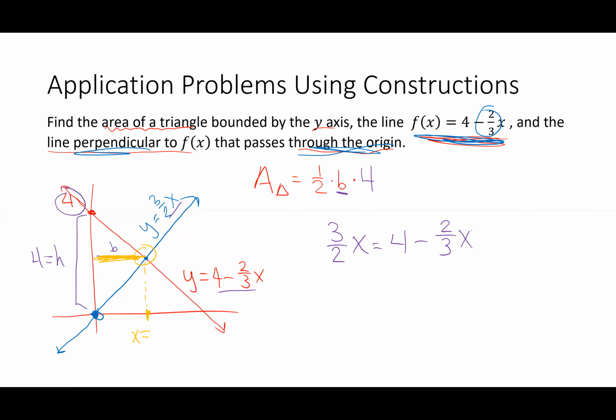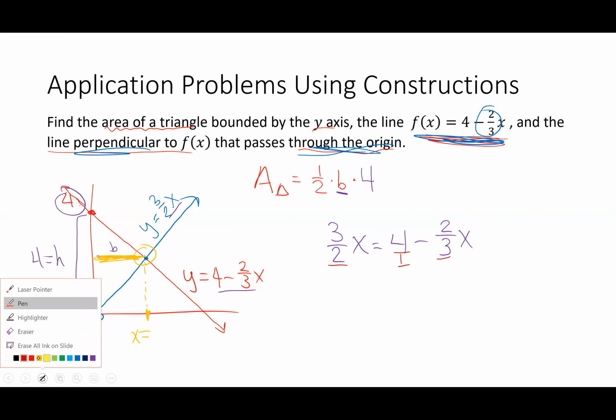Now, from here, I could do a lot of fraction manipulation, but I'm going to get a little sneaky with it. I see the denominators here: I'm going to write this as over 1. There's a 2, a 1, and a 3. The least common denominator is 6. So I'm just going to multiply both sides of this equation by 6.